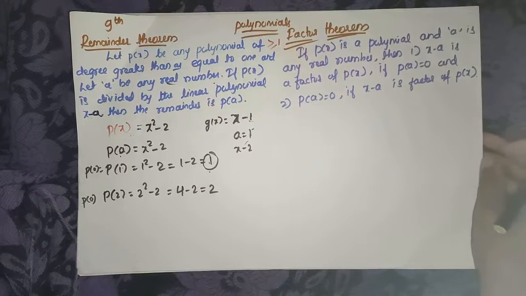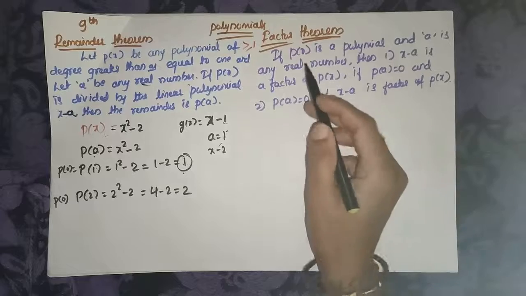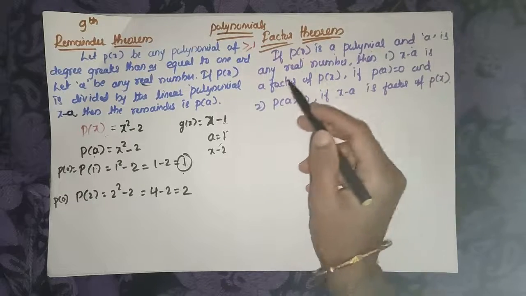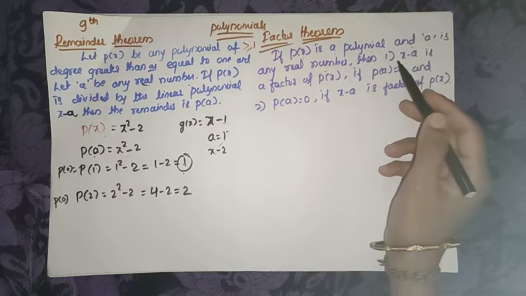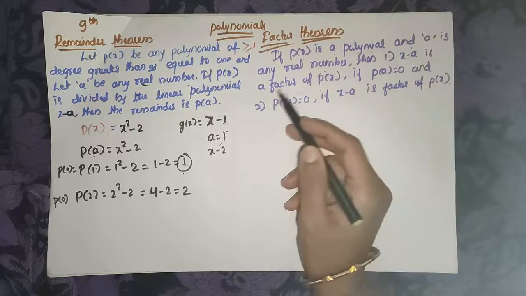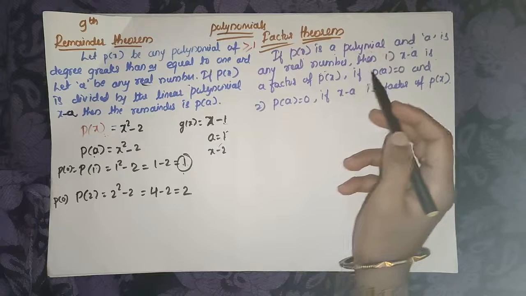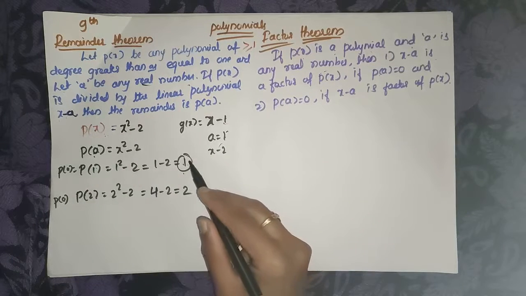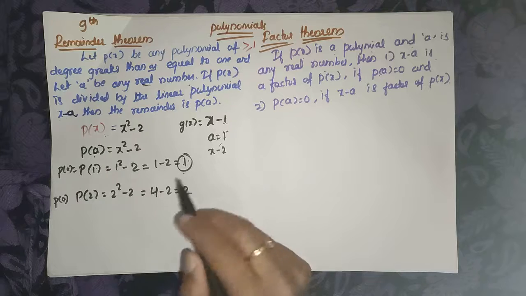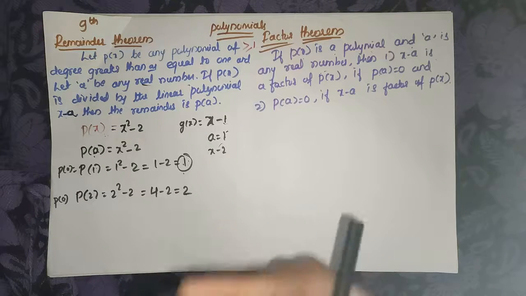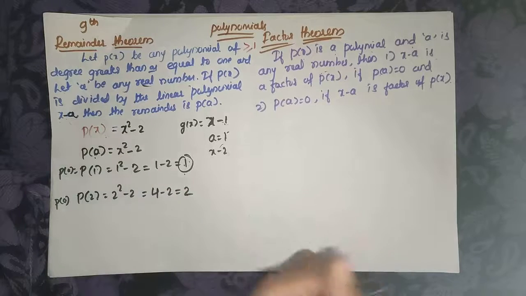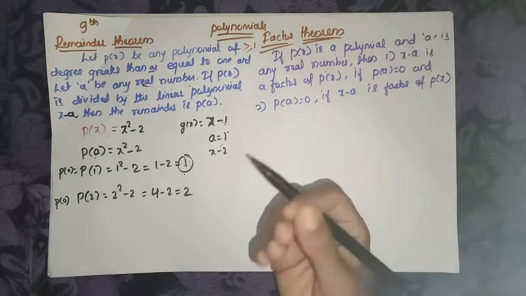Next, the factor theorem. If p of x is a polynomial and a is any real number, then x minus a is a factor of p of x if p of a is 0. In these cases, we had remainders 1 and 2. If the remainder is 0, then x minus a is called a factor of p of x. You can take any value.